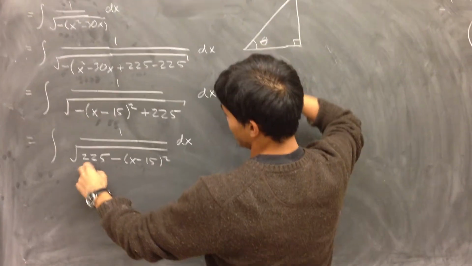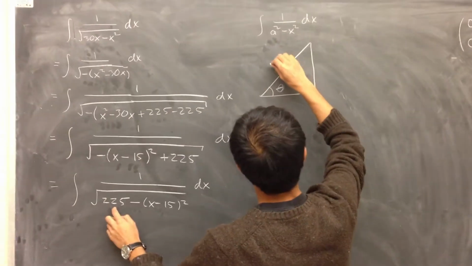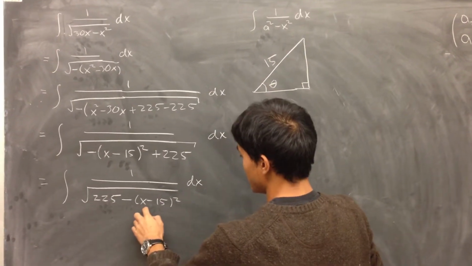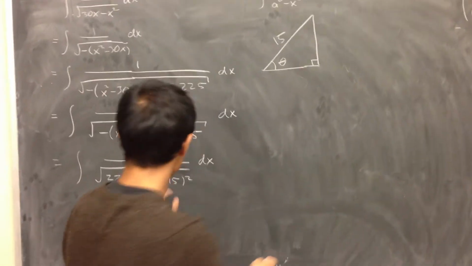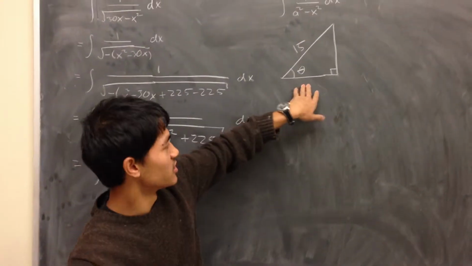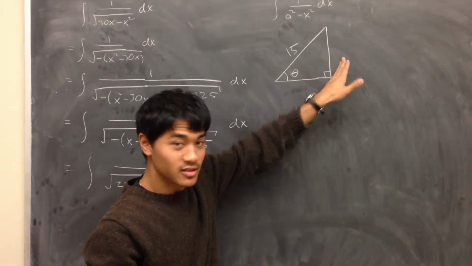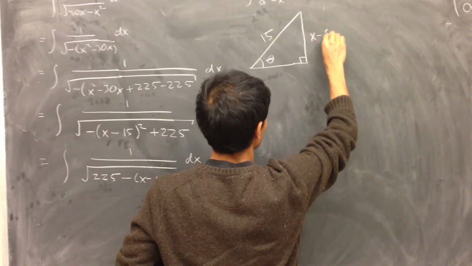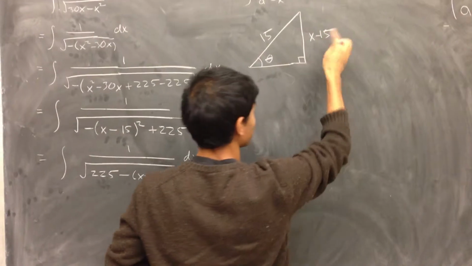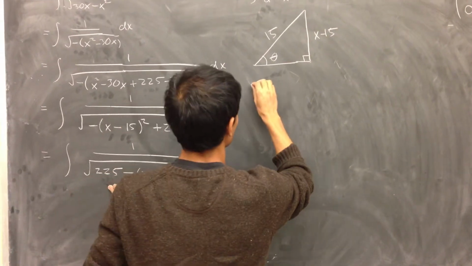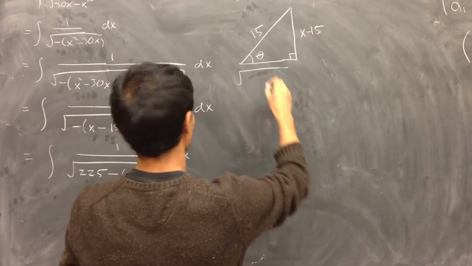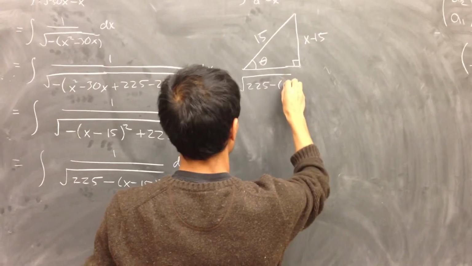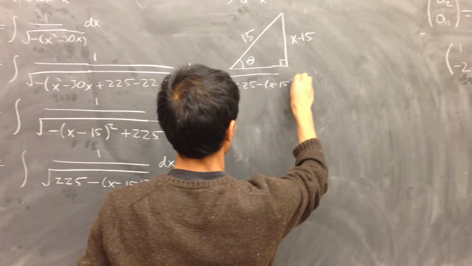So the square root of 225 is 15. And here, there are two choices of where to put x minus 15. We could put it here, or we could put it here. The good choice is to put it over here, x minus 15. Then by the Pythagorean theorem, this is the square root of 225 minus x minus 15 squared.